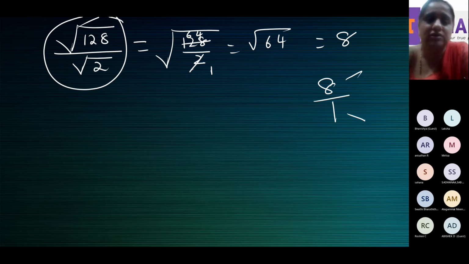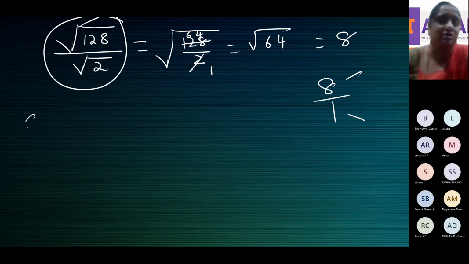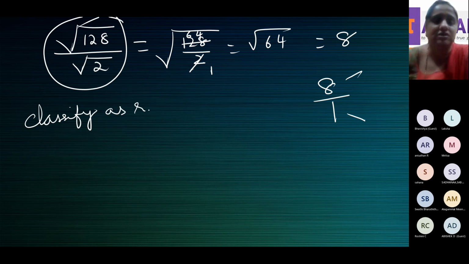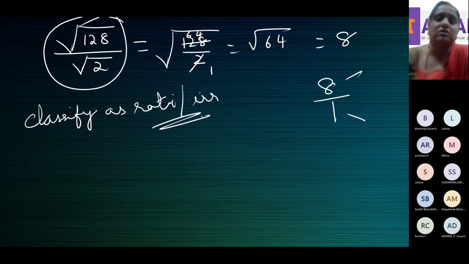So what am I trying to say? When the heading is classify as rational or irrational, you should always simplify and then give your conclusion. You should not decide before simplifying.